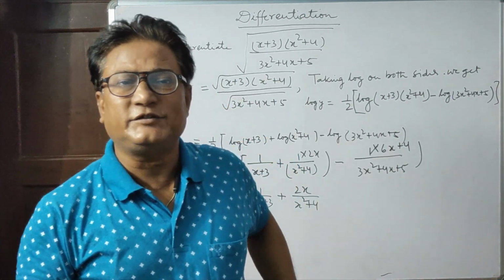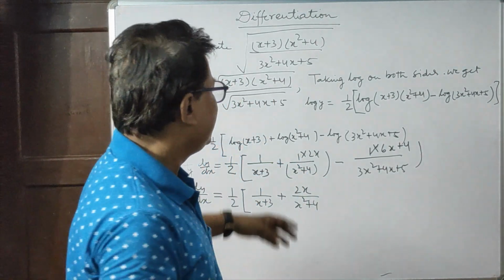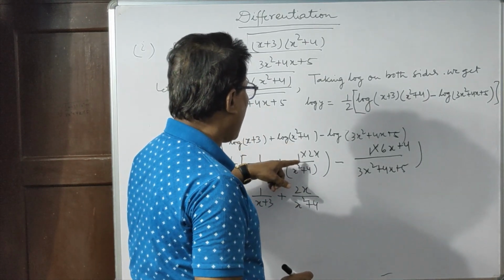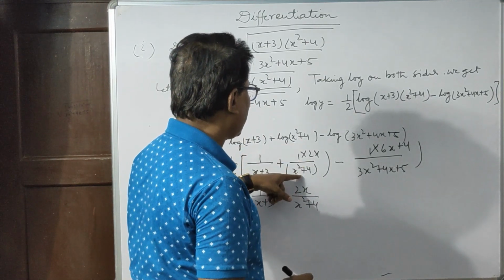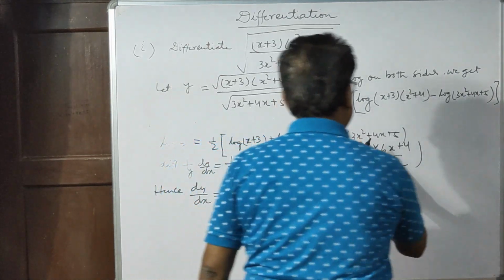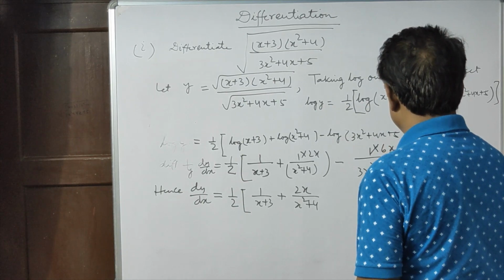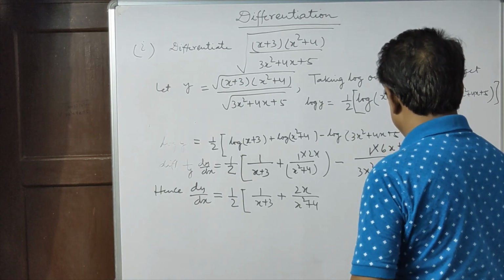Derivative of log y is equal to 1 by y. In the similar way, the derivative of log x square plus 4, we have got 2x by x square plus 4, and the derivative of log 3x square plus 4x plus 5 is equal to 6x plus 4 by 3x square plus 4x plus 5.